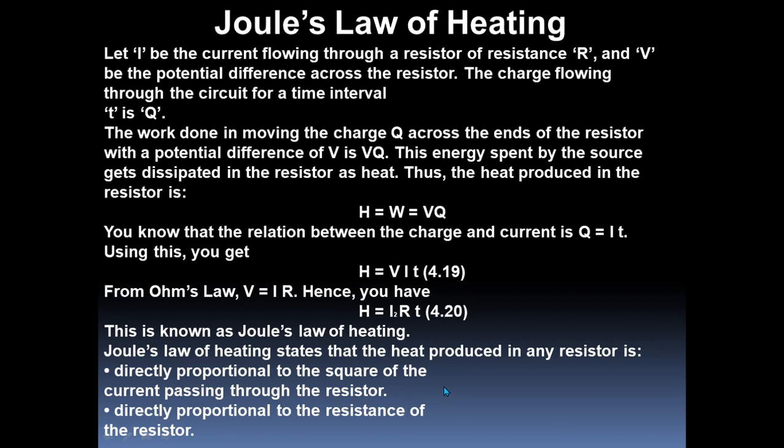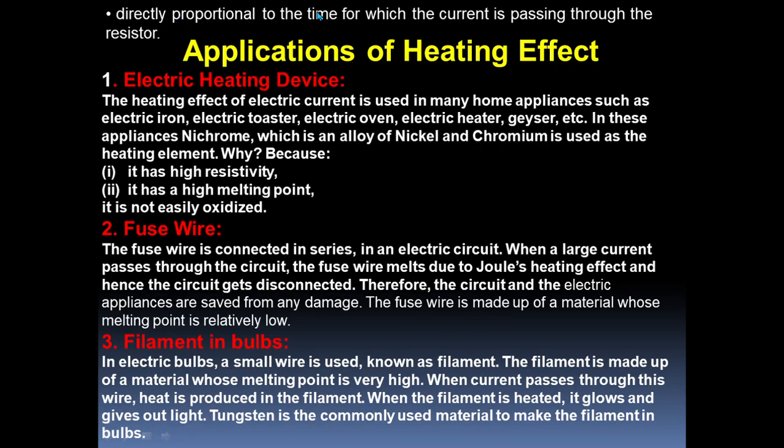Second, heat produced in any resistor is directly proportional to the resistance of the resistor. Third, heat produced in any resistor is directly proportional to the time for which the current is passing through the resistor.